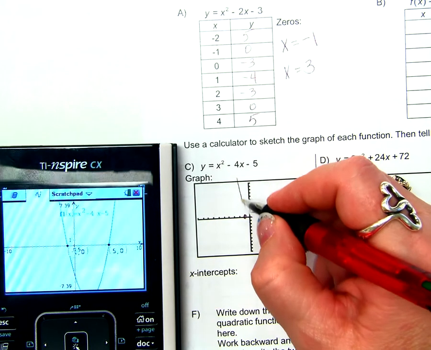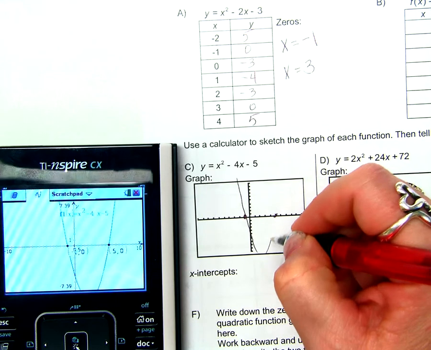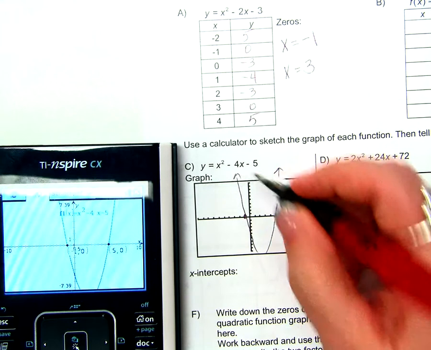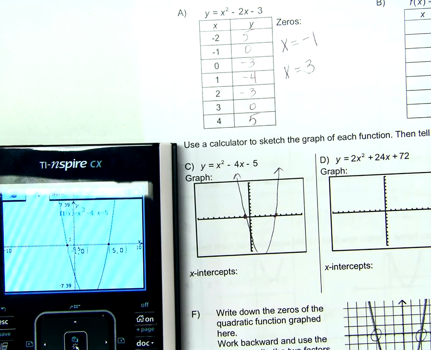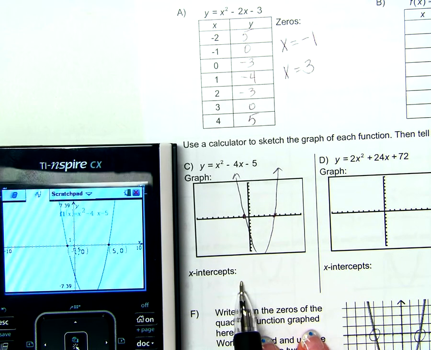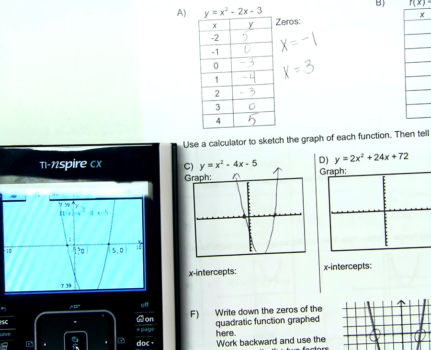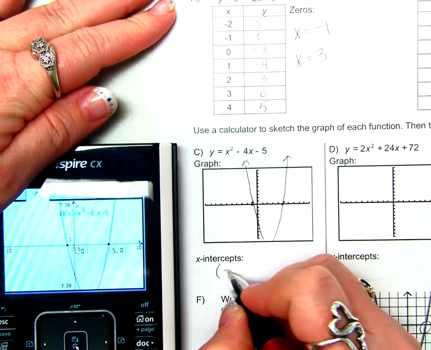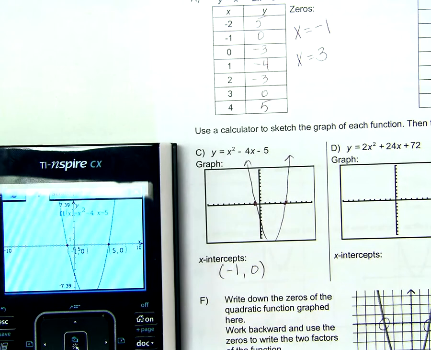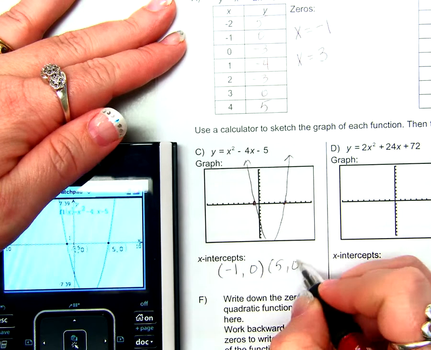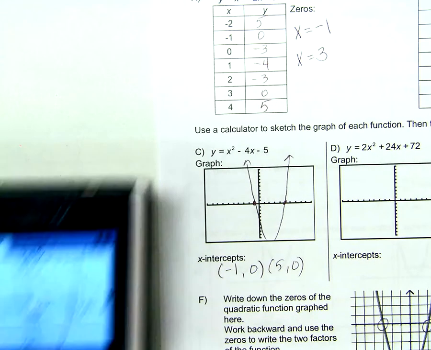Once again, if I'm graphing to solve, I need to be careful how I graph, don't I? What are my x-intercepts? Am I going to write x equals -1? Yeah, it's an x-intercept. That's a point. So -1, 0. Does it have another x-intercept? 5, 0. Any questions about those?